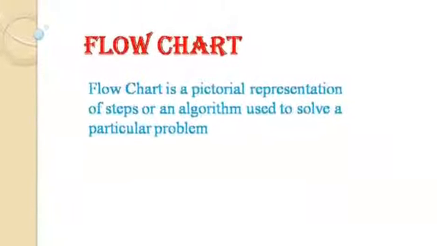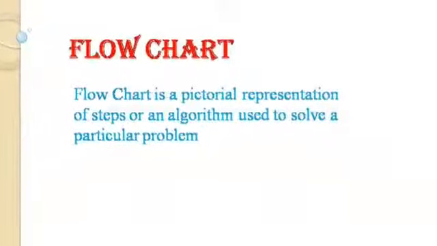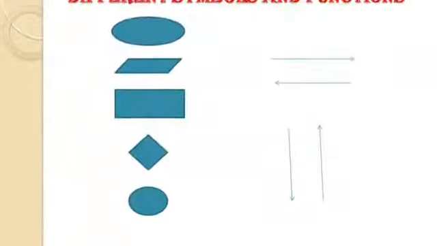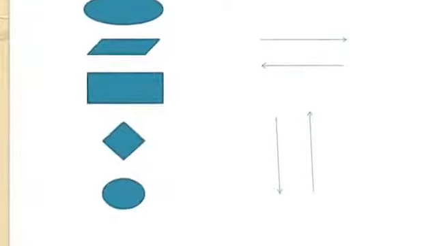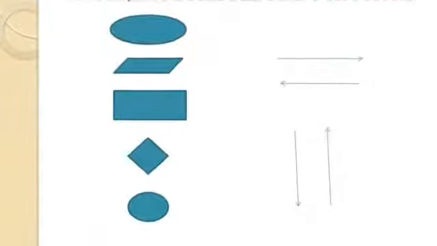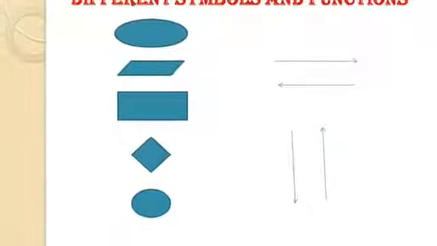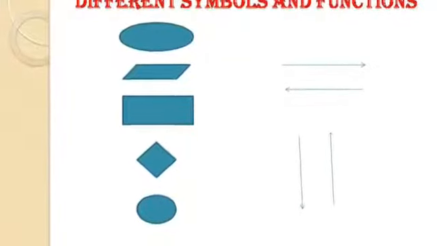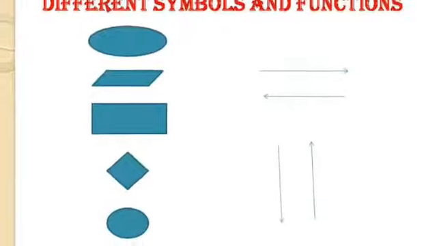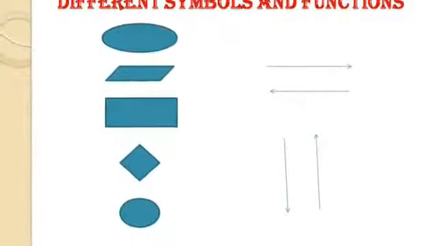Now we will see the various symbols used in the flowchart. The oval shape is the start and stop box. The second box is used for getting input and giving output. The rectangle box is used for processing, that is calculation. The diamond symbol is used to give a decision in a program.